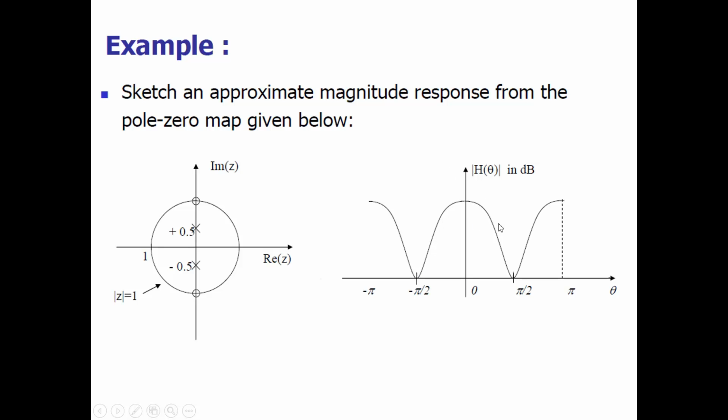This will broaden out and it will behave like this. Since zeros are also there at pi by 2 and the complex conjugate pair of poles is also there at pi by 2, the response will come to 0, but ultimately the overall response will broaden out. The pulse will broaden out here because of the existence of the poles and zeros at omega equal to pi by 2.